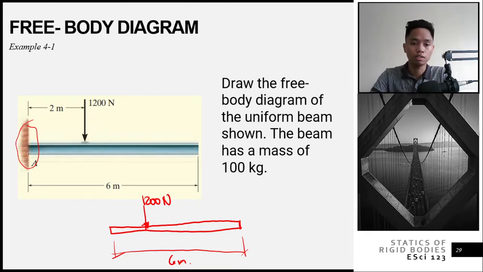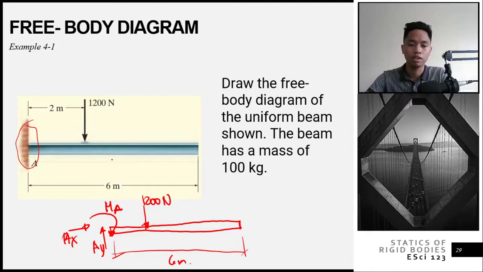So, since this is a fixed support, it has a resultant AY, meaning the vertical reaction at A. Then we also have this AX, meaning the horizontal reaction at A. Then, since it is fixed, it resists movement. That would be your M. So in the free body diagram, with MA, AX, and AY, we can solve your unknowns. So this is an example of your free body diagram.